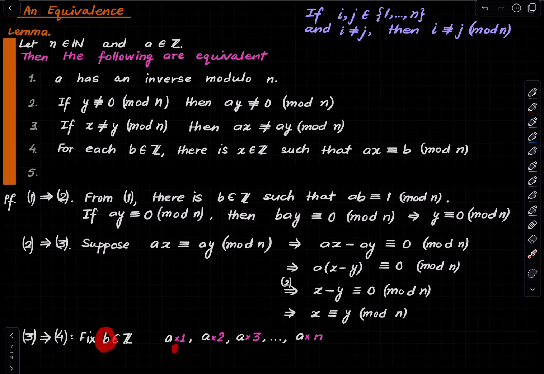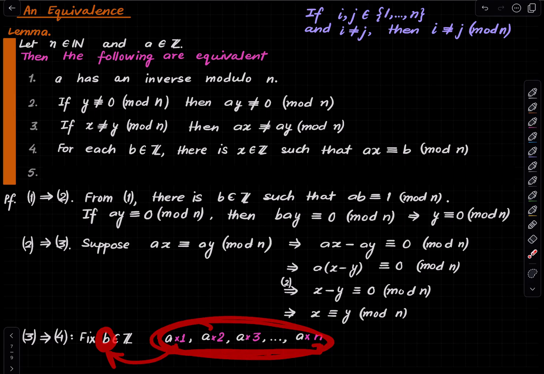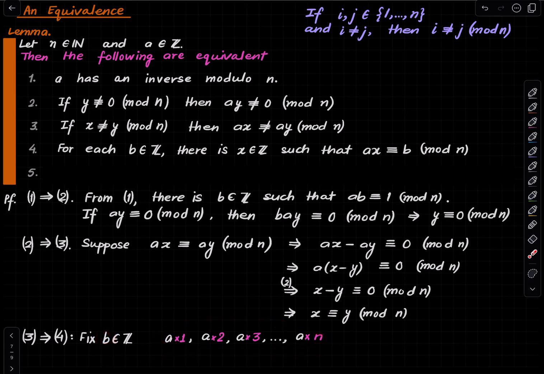It will be here somewhere in this list. Some member in this list leaves the same remainder as b, because in this list all the remainders modulo n appear. That's it. That is the argument. Okay, just make sure you follow this. It's a very important piece of reasoning in mathematics in general. So fine. So therefore 3 implies 4.